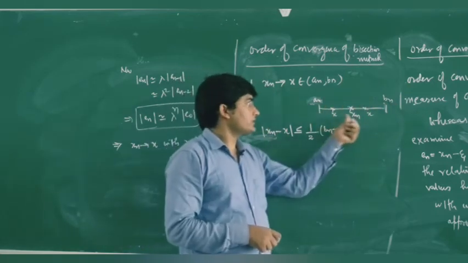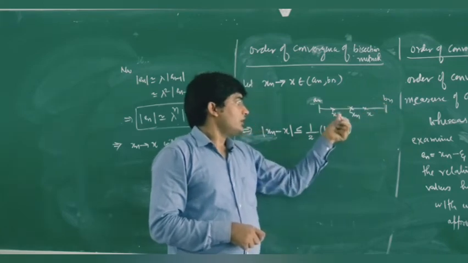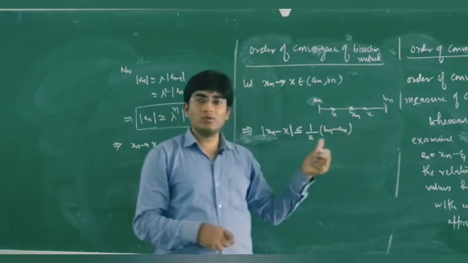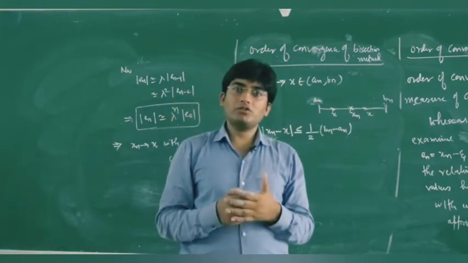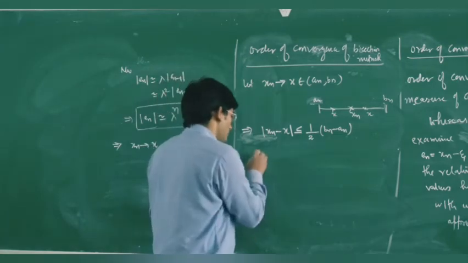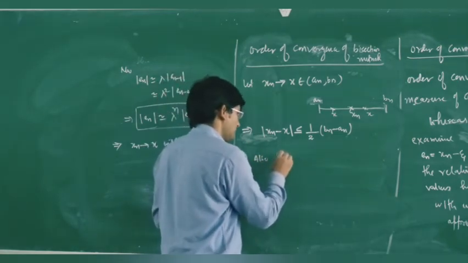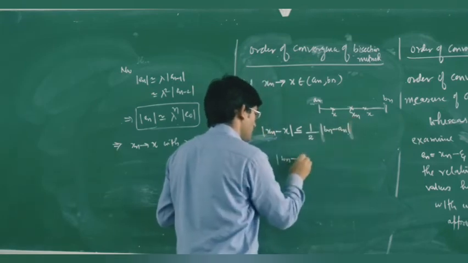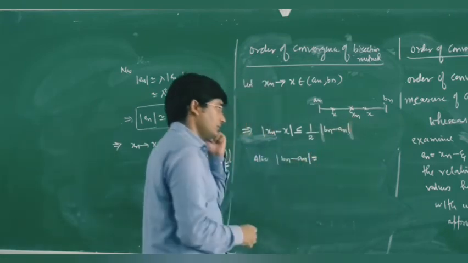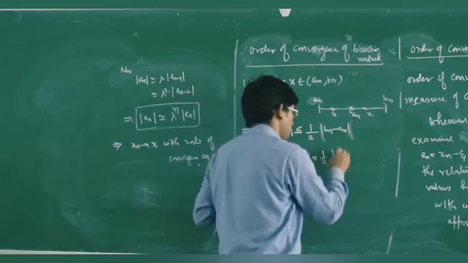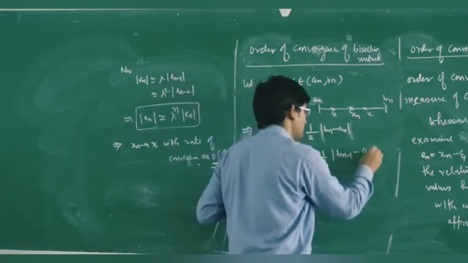So as our xn is equal to (bn plus an) by 2, if this is the exact root, then your xn minus x will be equal to 1 by 2 (bn minus an). Also, this bn minus an can be written as 1 by 2 (bn minus 1 minus an minus 1).